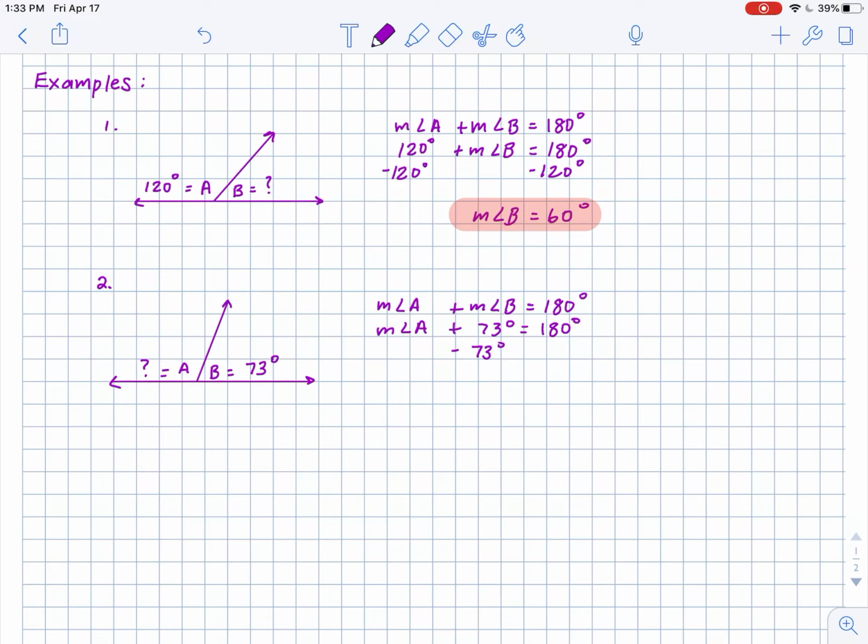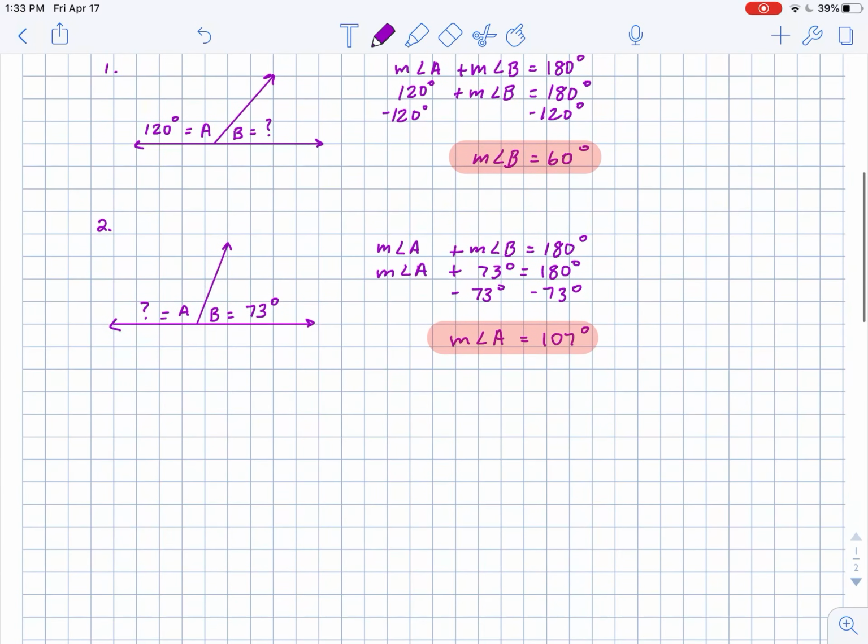So all I need to do is subtract 73 degrees from both sides, and I'm left with the measure of angle A equals 107 degrees. Okay. So supplementary angles add up to 180 degrees.